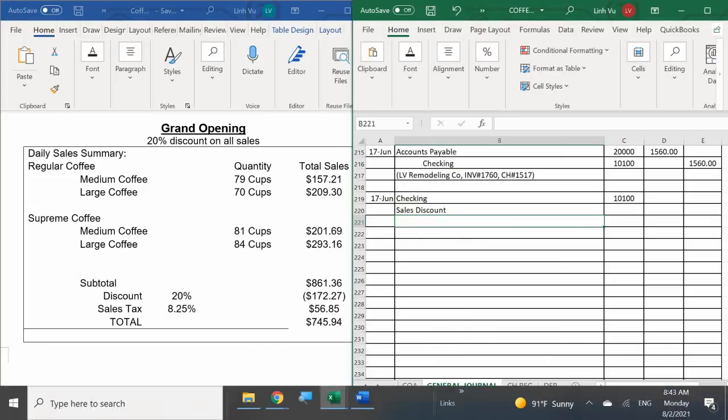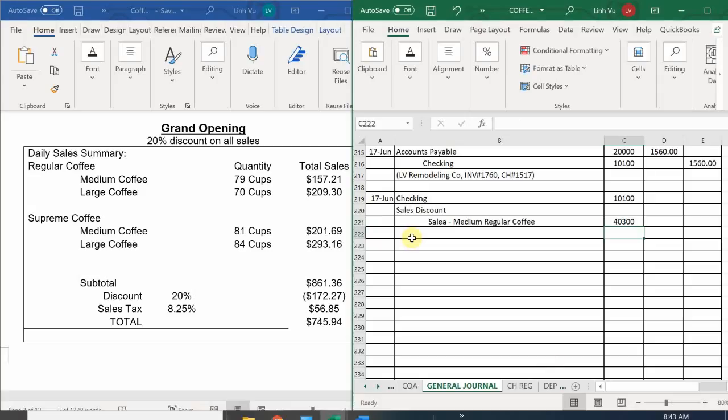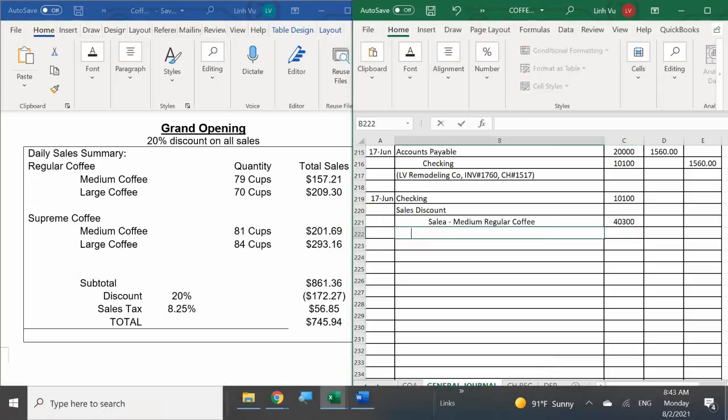So first thing I'm going to have is my sales for medium regular coffee. I'm just going to list them all out now.